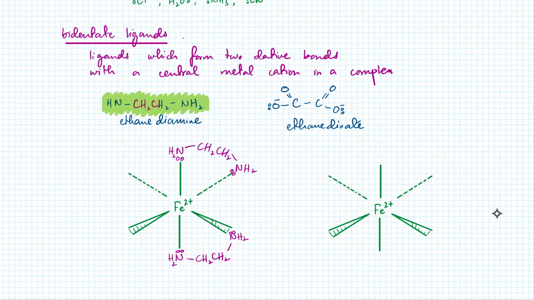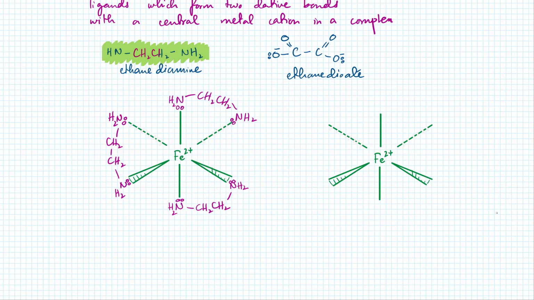Same thing over here, there is going to be NH2, and there's going to be two CH2 groups in the middle, and the N lone pair is getting attached from two different sides. So that's going to be your entire complex.